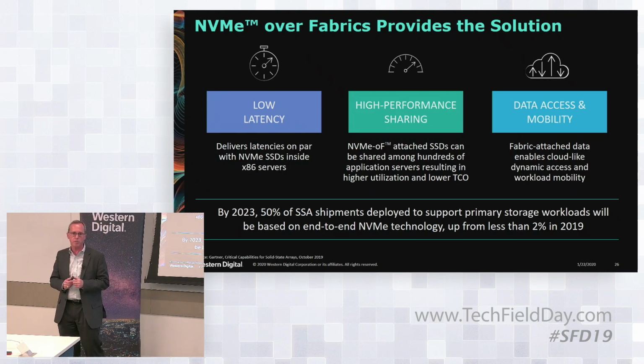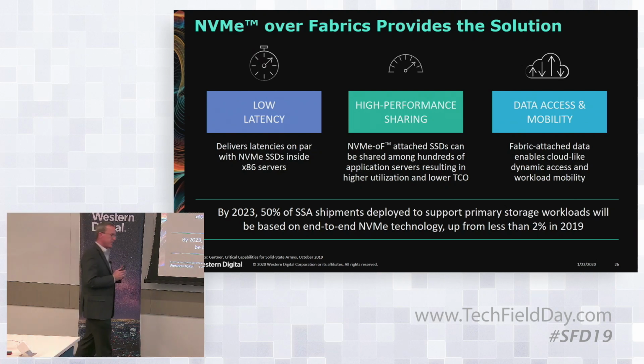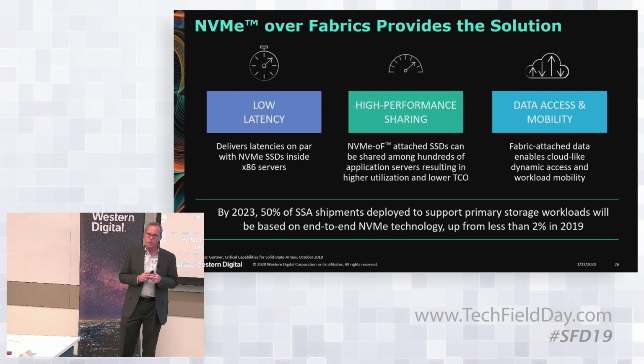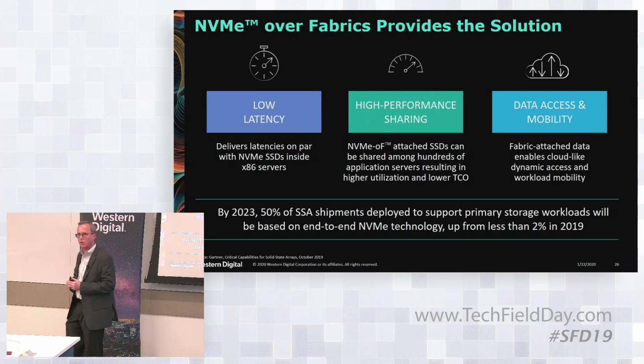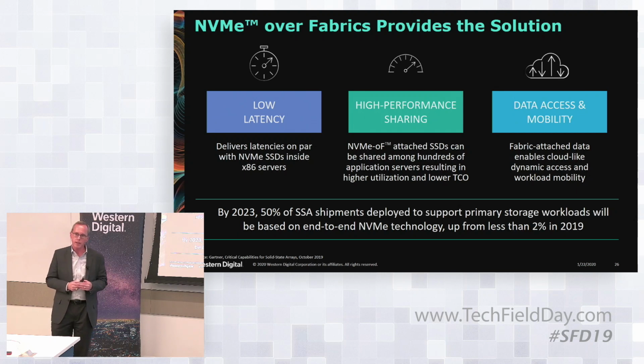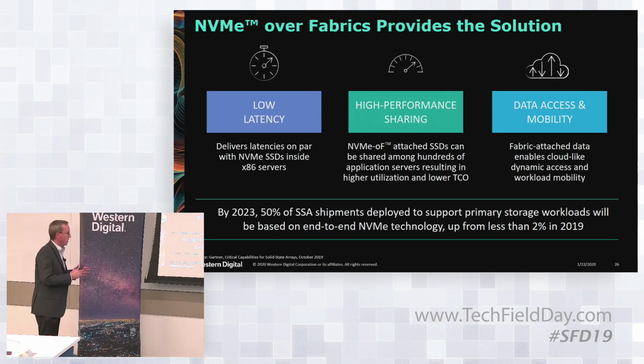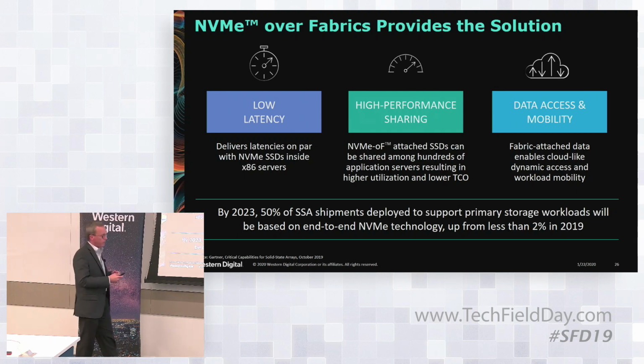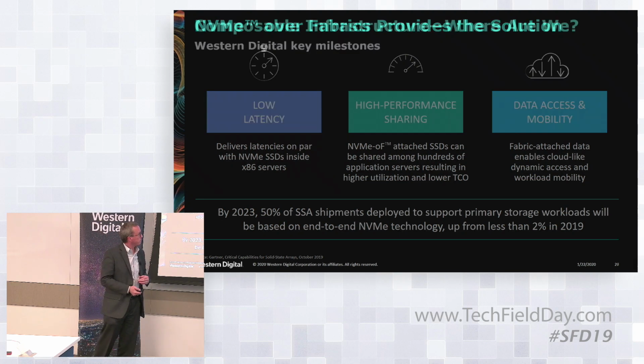And we're going to show you some proof points where this is becoming a reality. Because in the end solution, now we can create different composites to address different workloads in a very dynamic way. So we're providing cloud-like capabilities, agility, and scale with NVMe over Fabric.